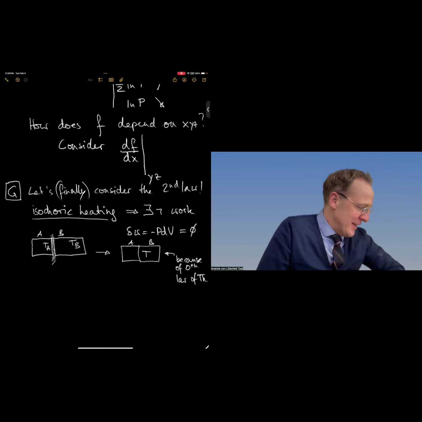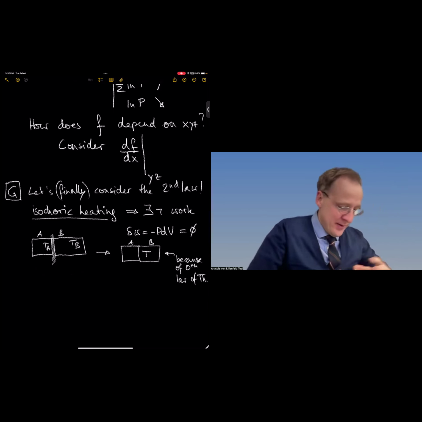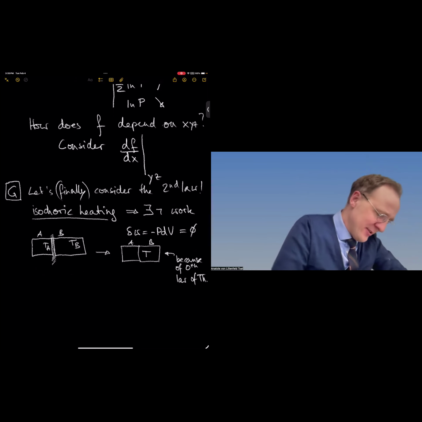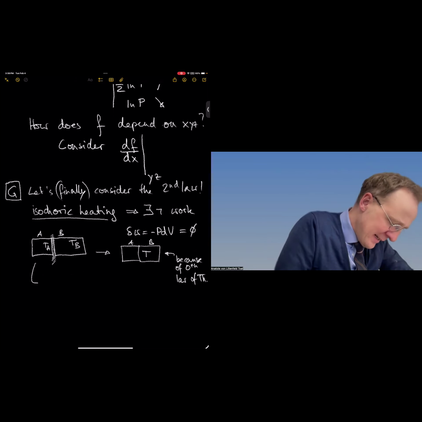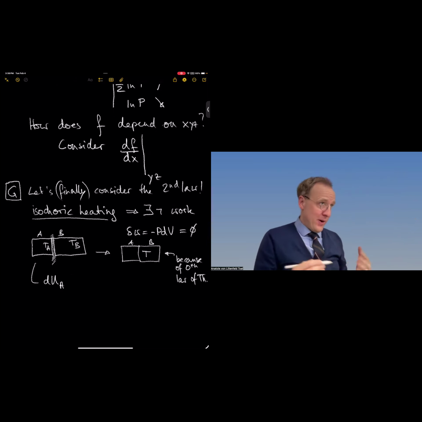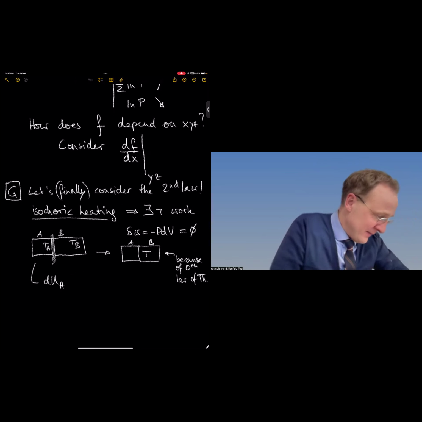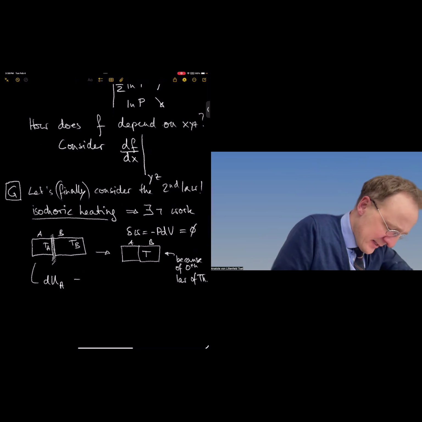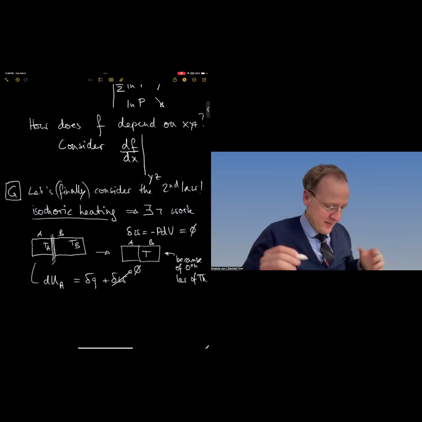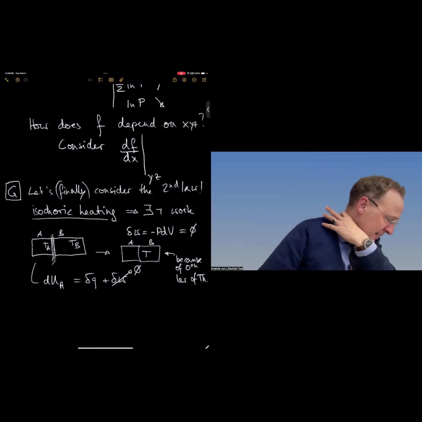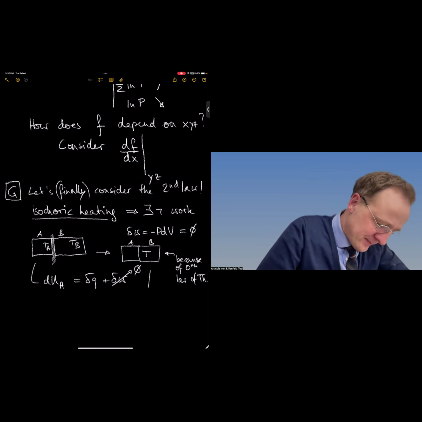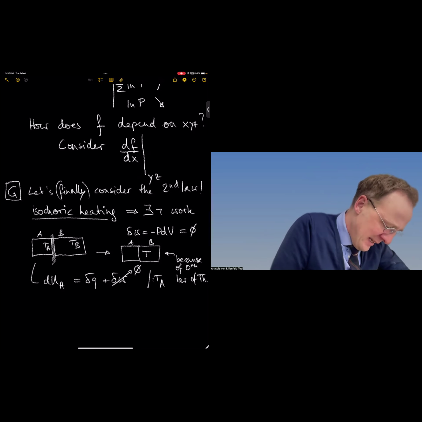Okay, so if we now consider this case, right, we could look at the change in the energy of part A, right? And now this is dq, and your dw is 0 because we kept it isochoric. And then I can divide this by the temperature TA.